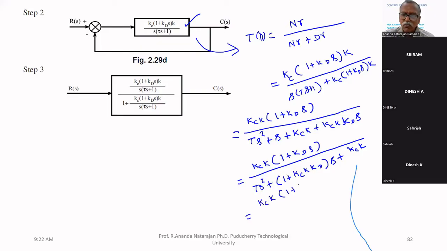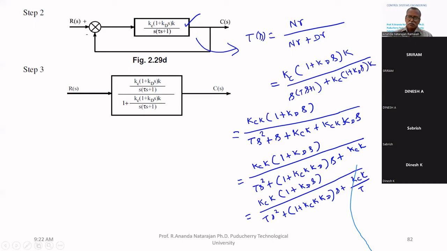Kc K (1 plus KD S) upon tau S square plus 1 plus Kc K KD S plus Kc K by tau. Sorry, this is divided by tau. This is also divided by tau.